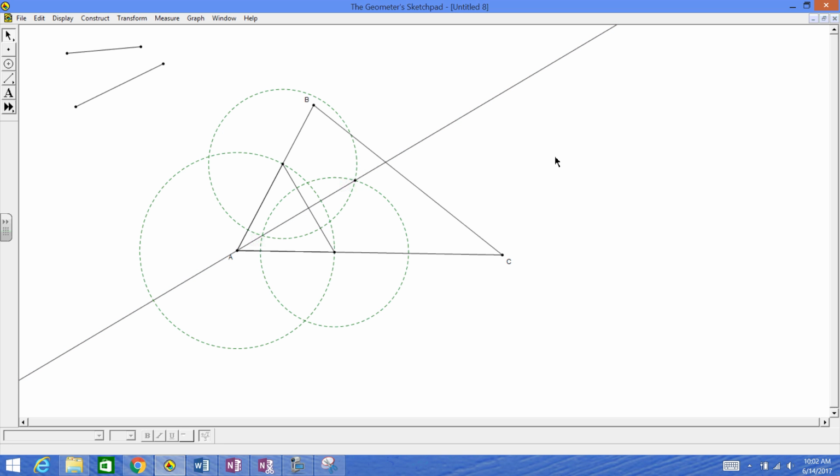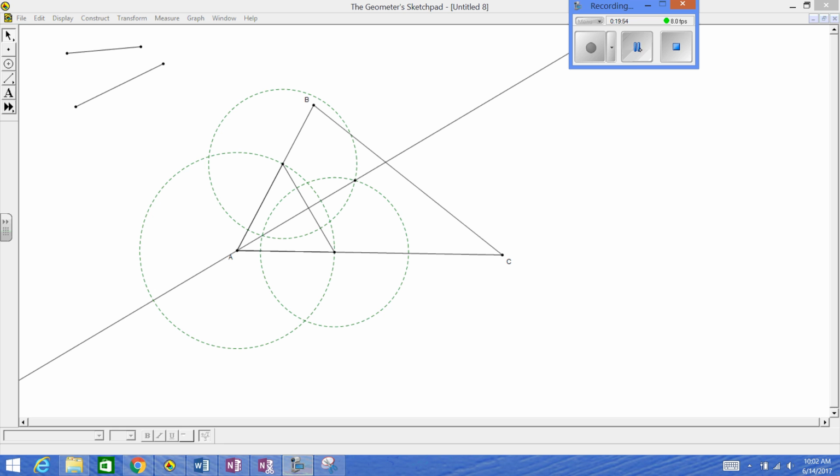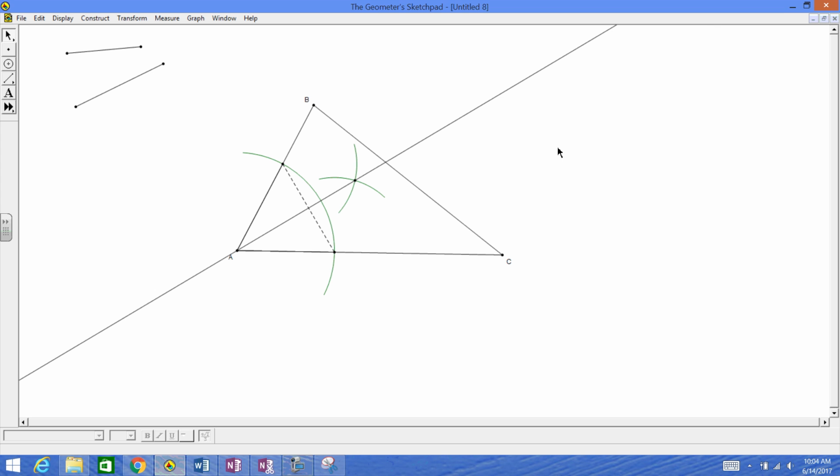Now I'm going to have to repeat this process over here at angle C. So let's go back through again. I'll get rid of some of these arcs and come right back. Okay, back. I just cleaned this up a little bit so it was easier for you to see. What I'll do now is get another radius.